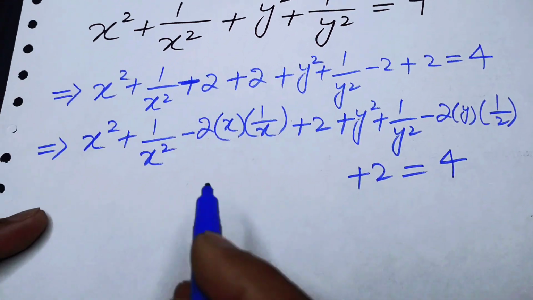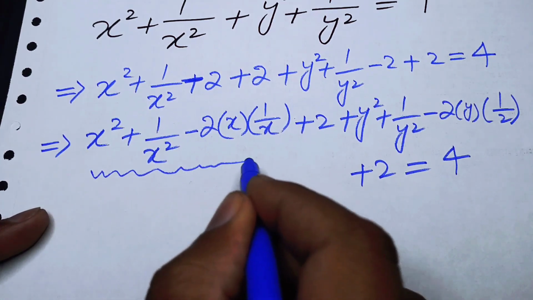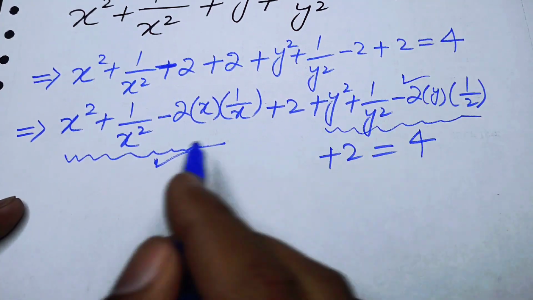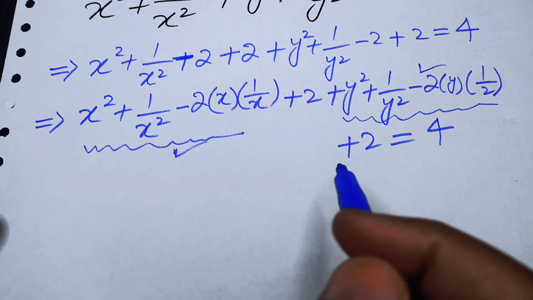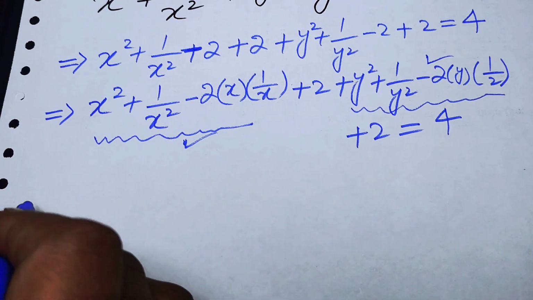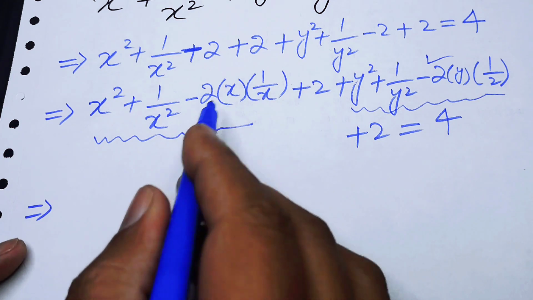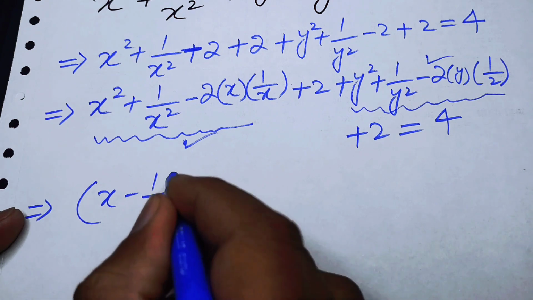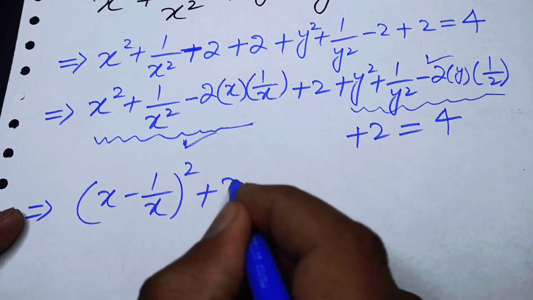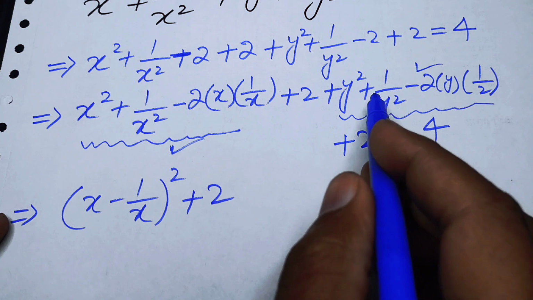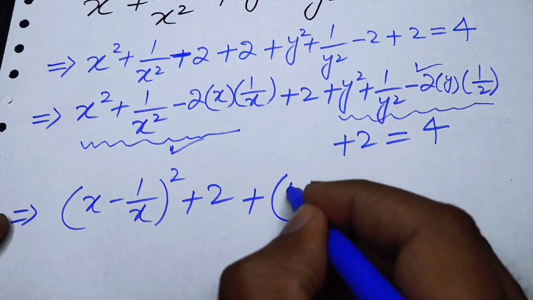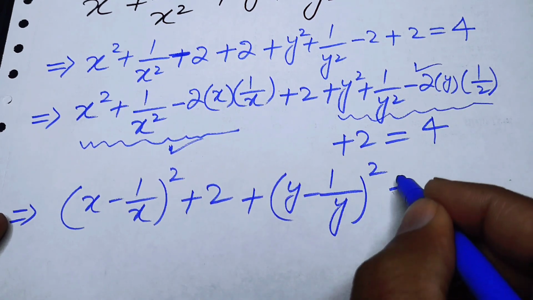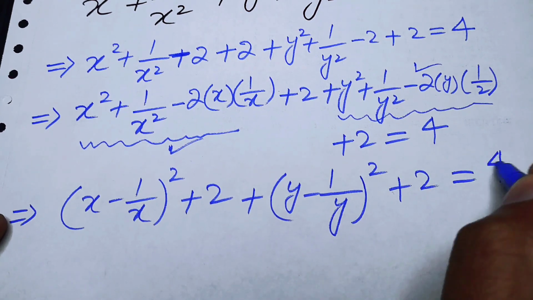After that, you can see here this term and this term, so these both terms become the whole formula, and I will write this expression as x minus 1 over x whole square plus 2. This 2 is written as it is, and this term I will write as y minus 1 over y whole square, and this plus 2 is equal to 4.